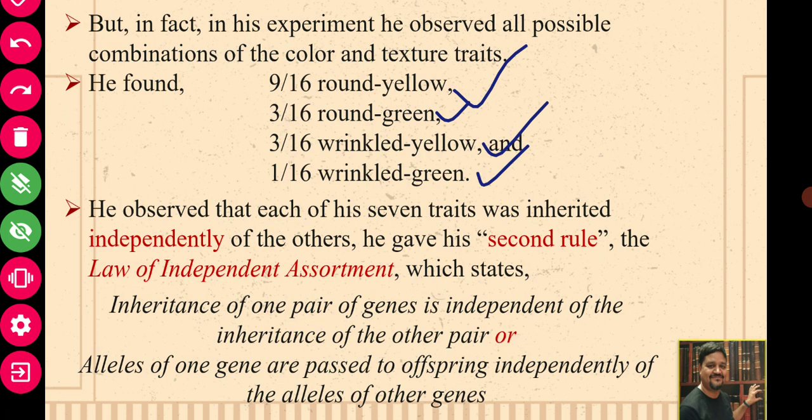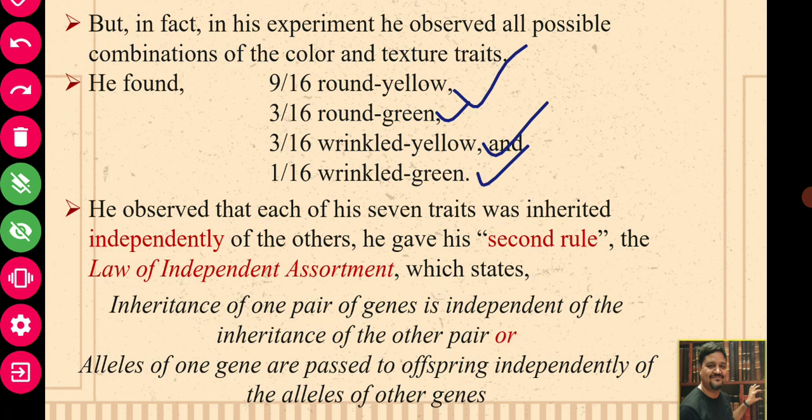Seeing these observations, he concluded that each of his 7 traits was inherited independently, and he gave his second rule.